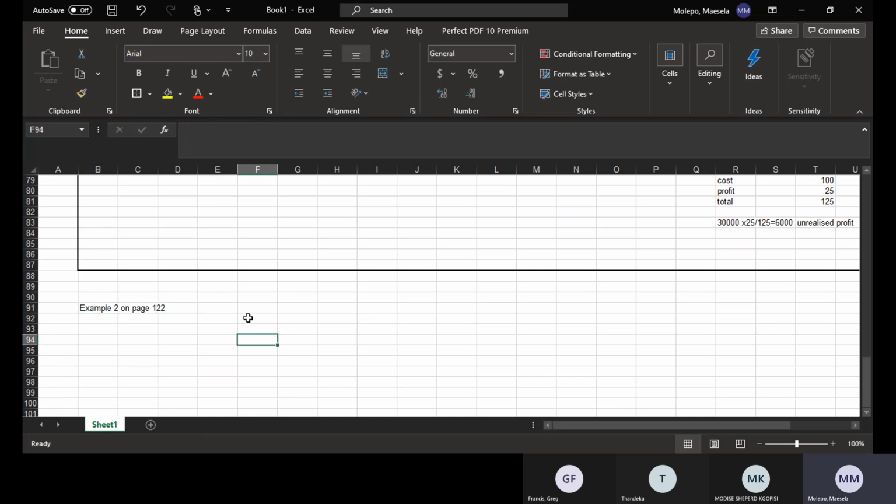So it will be the same format where we're going to do our analysis of shareholders as usual.